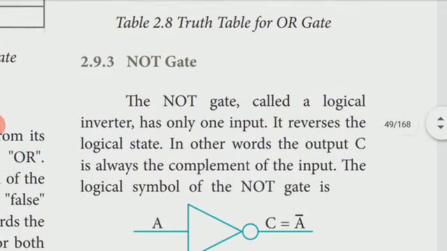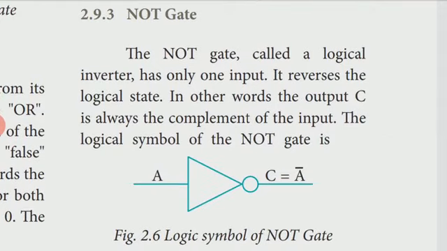Now, the next gate is the NOT gate. We can call this NOT gate an inverter because it is just the opposite. We already know how the NOT operator works. This gate has only one input, and it reverses the logical state. That is, when the input is true, the output is false, and when the input is false, the output is true.